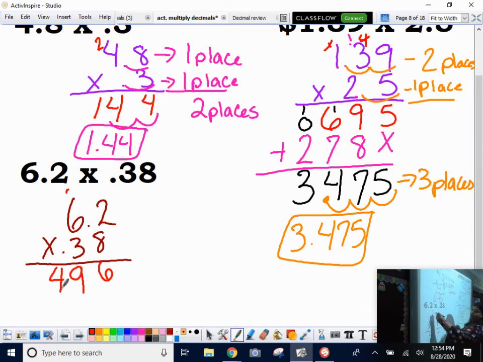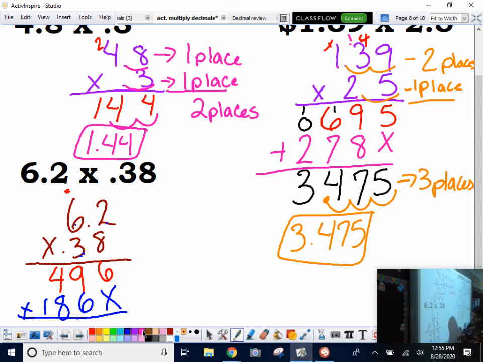Okay? Here's that one. Here's my color. Skip that spot. And now 3 times 2 is 6. 3 times 6 is 18. And right there.